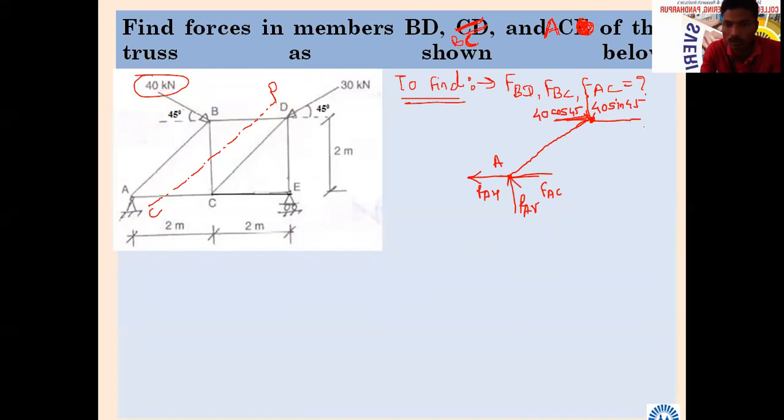From here also direction we will decide, FBD. And here also direction we will decide, FBC. So will you tell me directions? Or direction, or we can say nature. FBD चा nature कसा assume करूया? Compressive. Okay, compressive. FBC चा compressive.